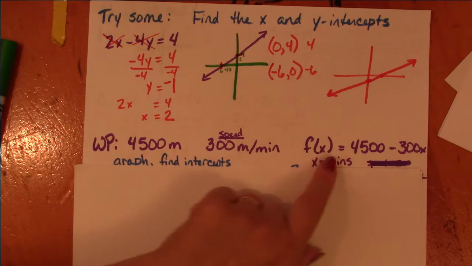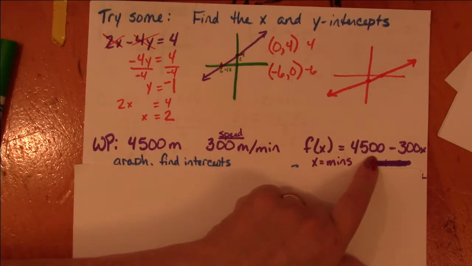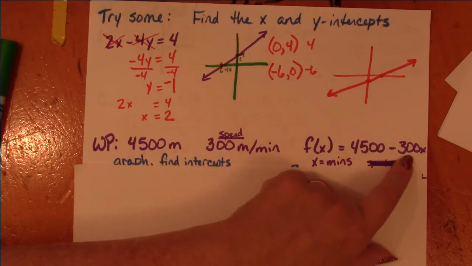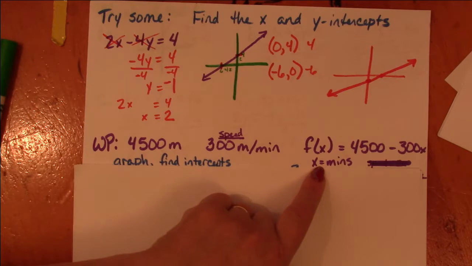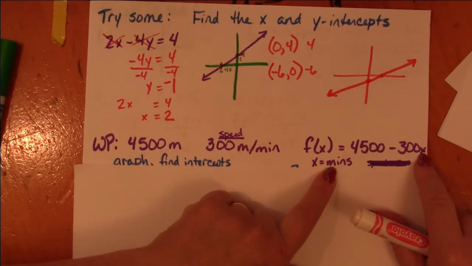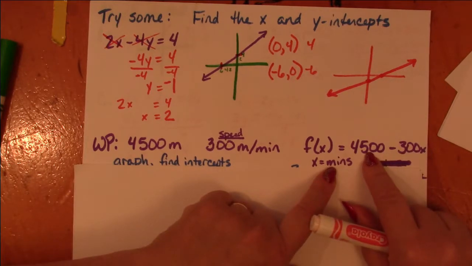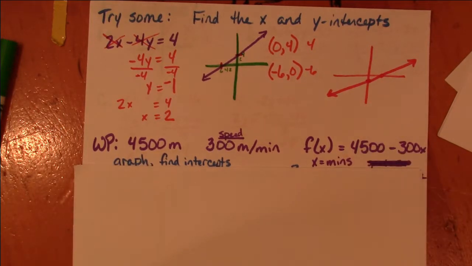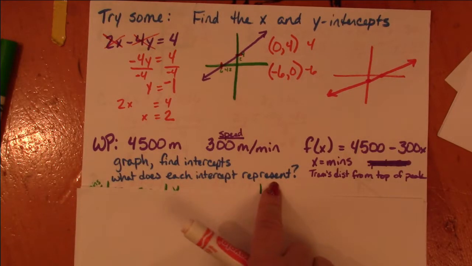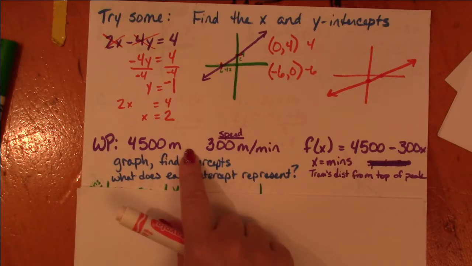The function f of x equals 4,500 minus 300x gives the tram's distance in meters from the top of the peak after x minutes. So I have to define that x equals minutes. So 300 times how many minutes I'm gone is going to be how far away from the peak I end up. Graph the function and find the intercepts. And what does each intercept represent?